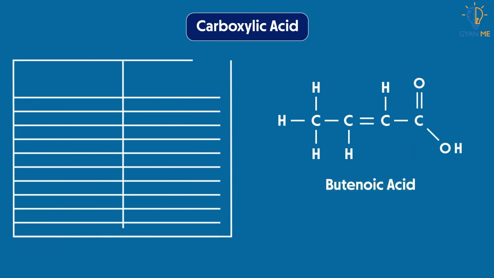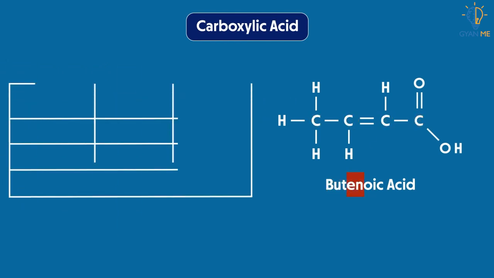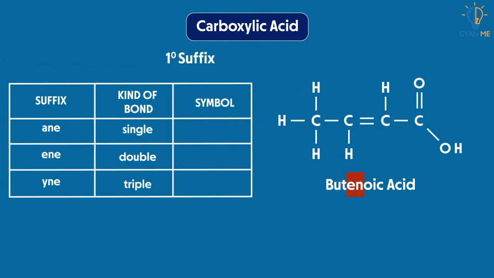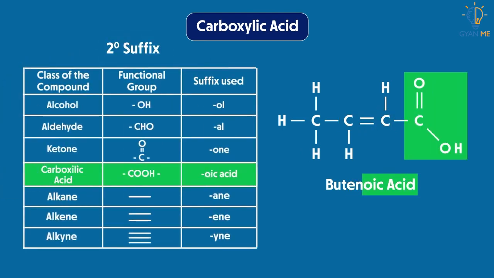Students, the root word is but for a compound having 4 carbons. Ene symbolizes presence of at least one carbon-carbon double bond. That means it is an unsaturated hydrocarbon, and oic acid is the suffix for the functional group.